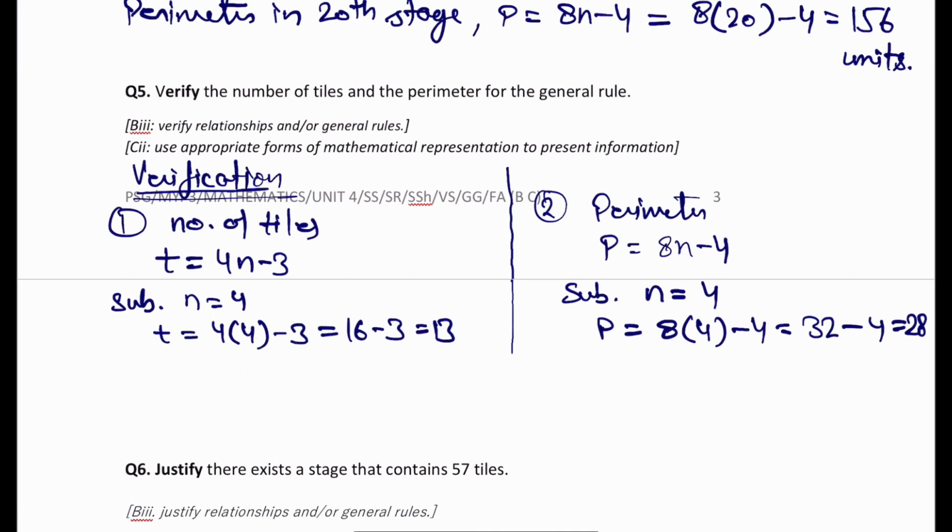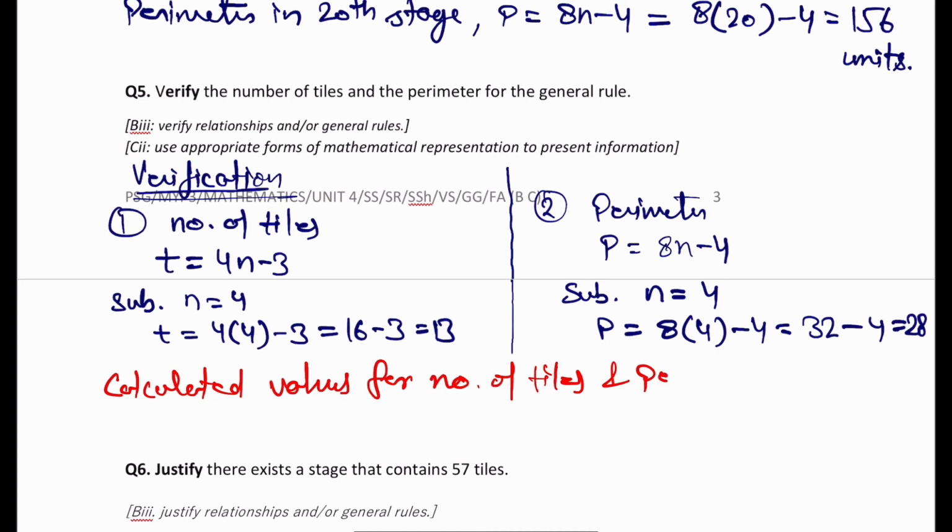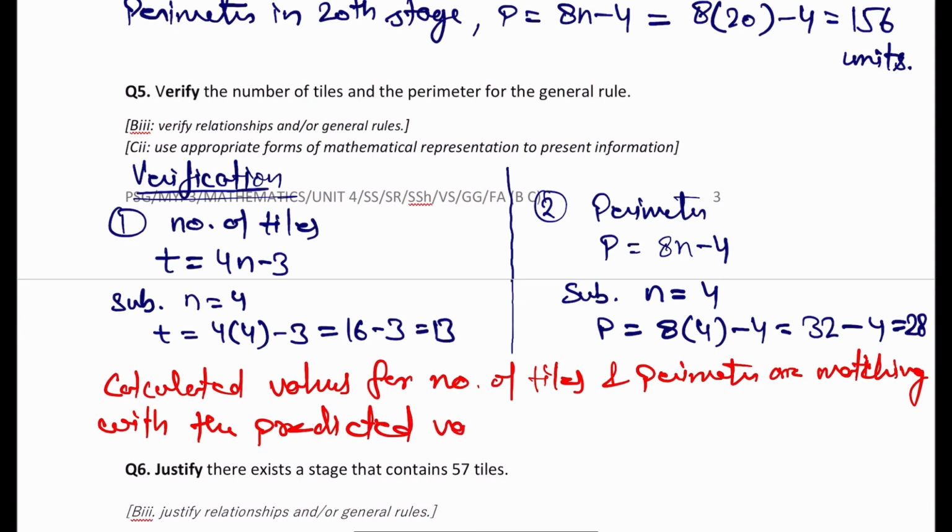So what you can write in the conclusion is that the calculated values for number of tiles and perimeter are matching with the predicted values in the table.